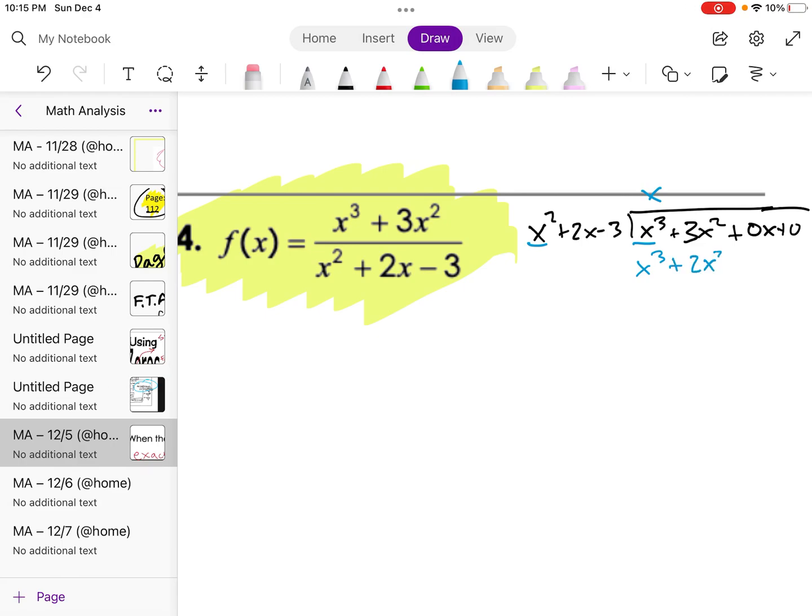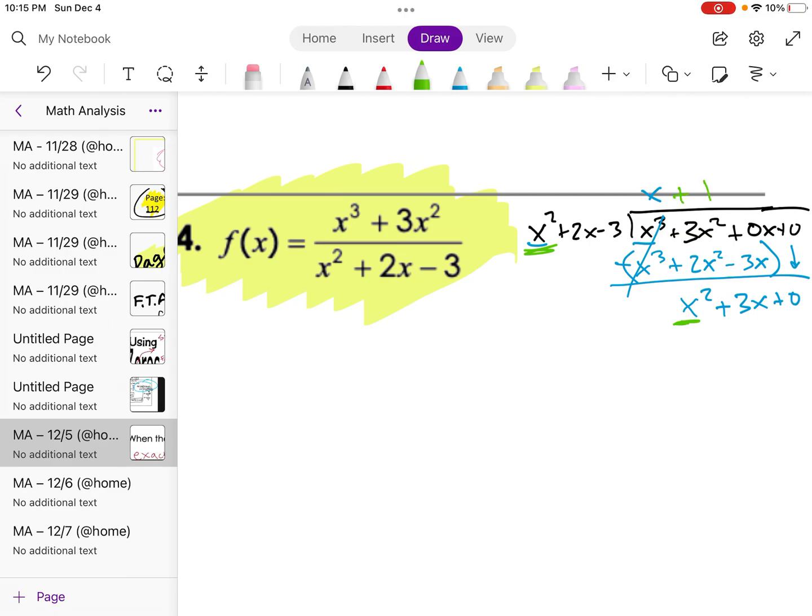Let's get this one to look like that, so we need to multiply by x. Minus the entire thing. Don't be a dodo, subtract the whole thing. 3x squared minus 2x squared is just x squared. 0x minus a negative 3x would become plus 3x.